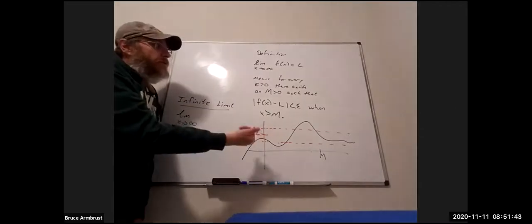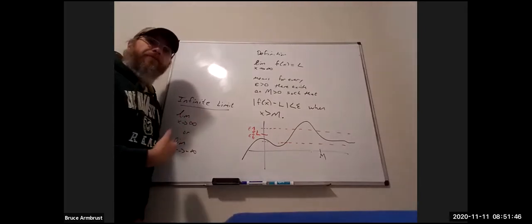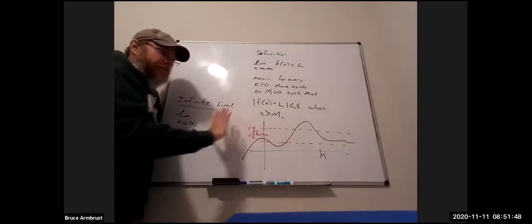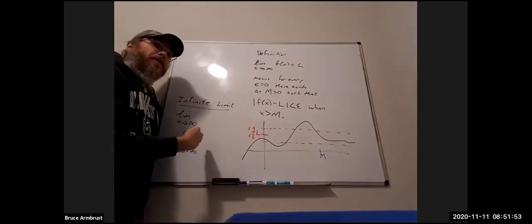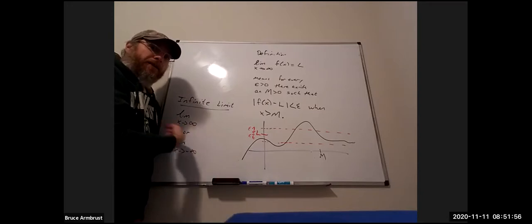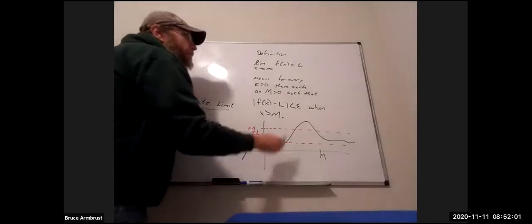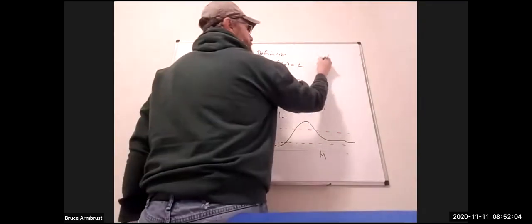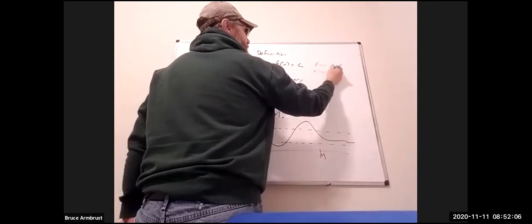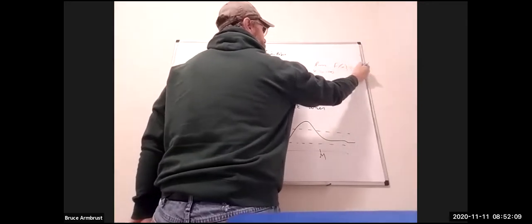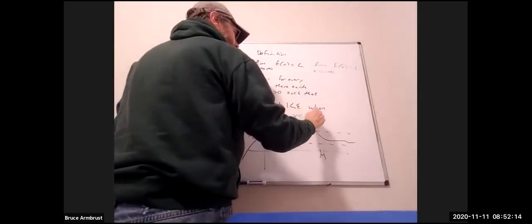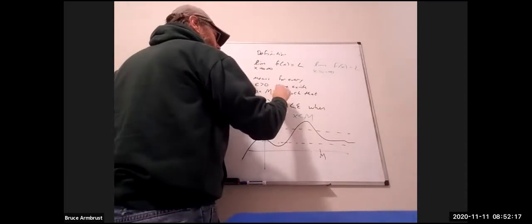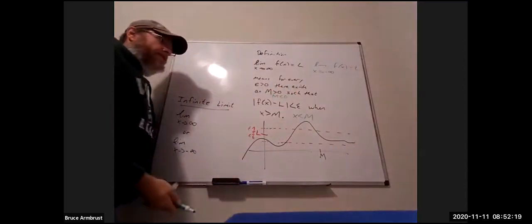So this would be one for positive infinity. For negative infinity, hopefully you can see that the only difference, since we're flipping it over, is that there's going to be some M where we're within that strip once we get smaller than M. Okay, so let me go ahead and write that up though. If it was a minus infinity, so the limit as x goes to minus infinity of f of x equals L, the only thing that changes here is that x is less than M, and there's some M less than 0.